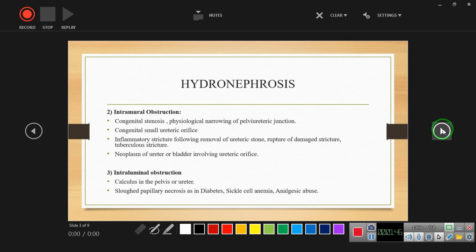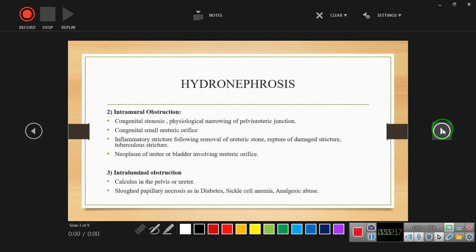So it includes congenital stenosis, physiological narrowing of the pelvic-ureteric junction, congenital small ureteric orifice, inflammatory strictures following removal of the ureteric stones, rupture of the damaged stricture, a tuberculous stricture or neoplasm of the ureter or the bladder involving the ureteric orifice. So these are from within the structures: kidney, ureter, bladder structures.